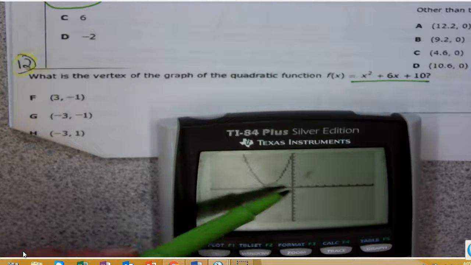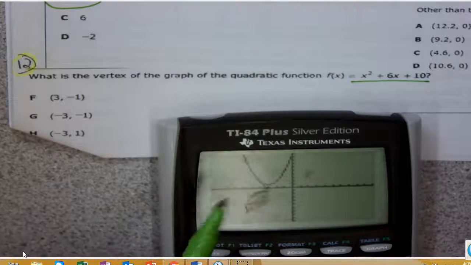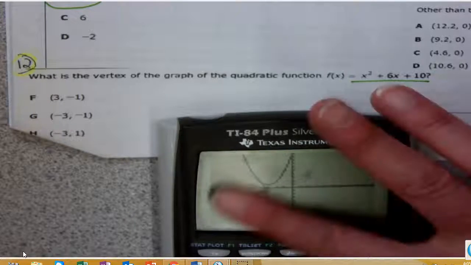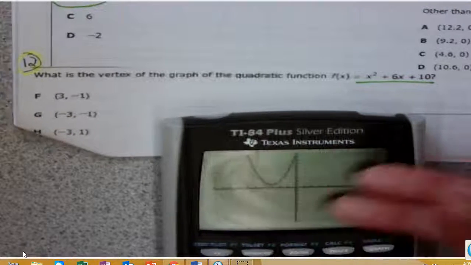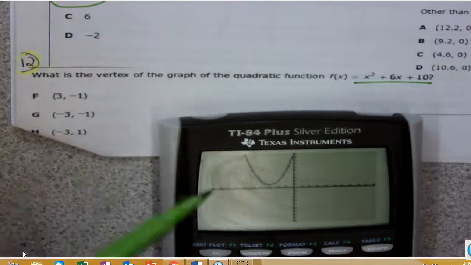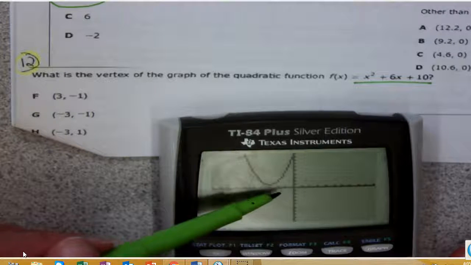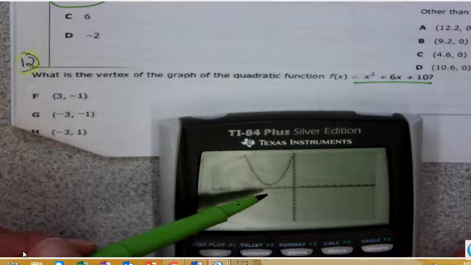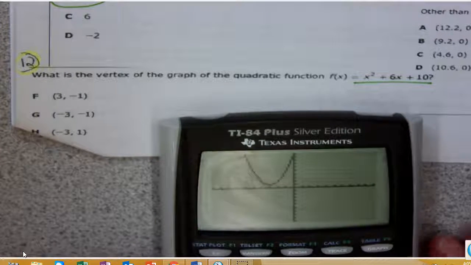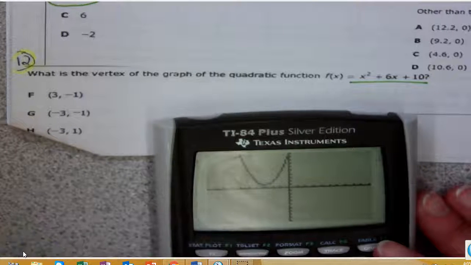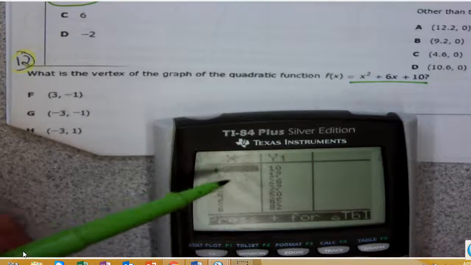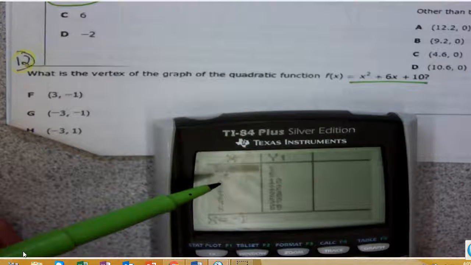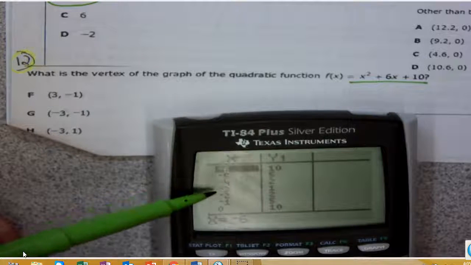this is my vertex. It is right around here, and I'm going to even just kind of count. Oh, there's a smudge. Sorry, trying to get this clean for you guys. I don't know if that made it worse or better. 1, 2, 3 over. So I'm now going to look at my table. I really want to look at my table and know that about -3 was where it looked like my vertex should be, when x was -3.